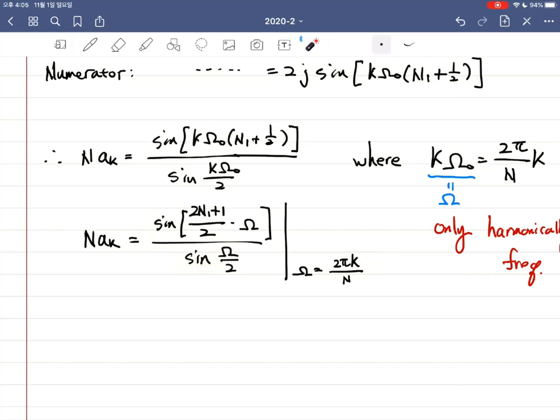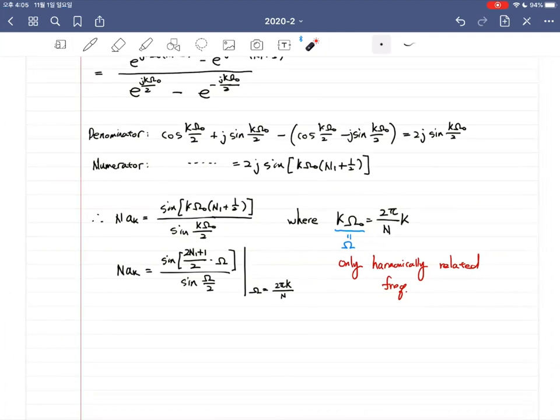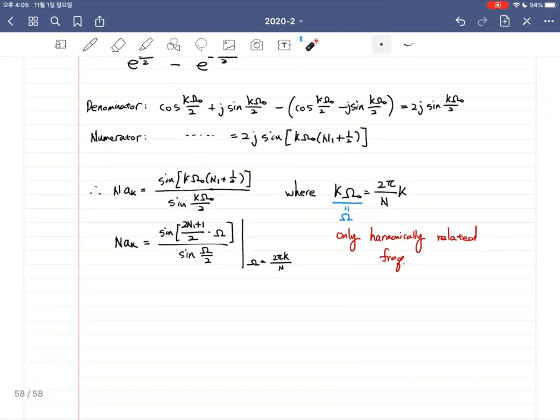Therefore, you will have a periodic signal, which was not the thing that happened with the continuous sine.